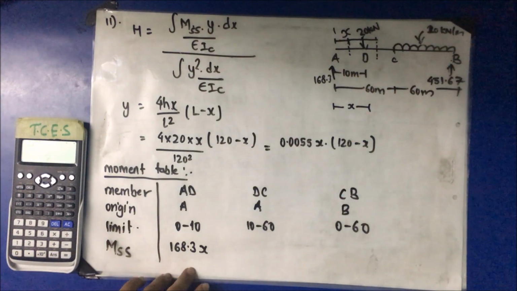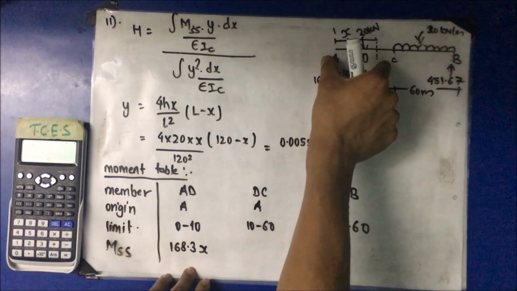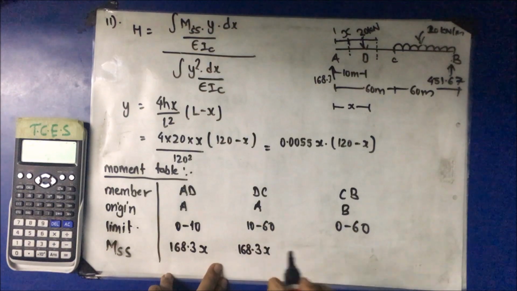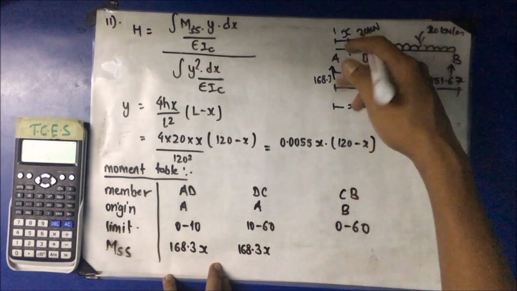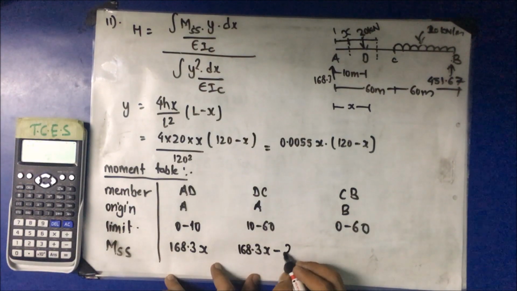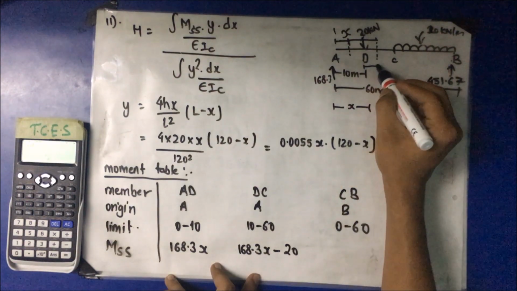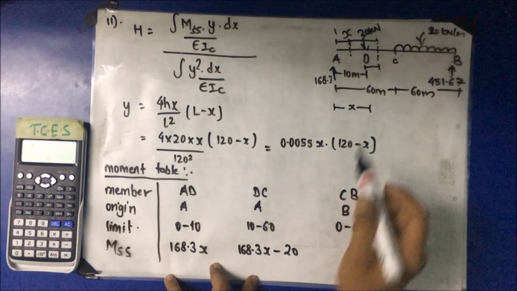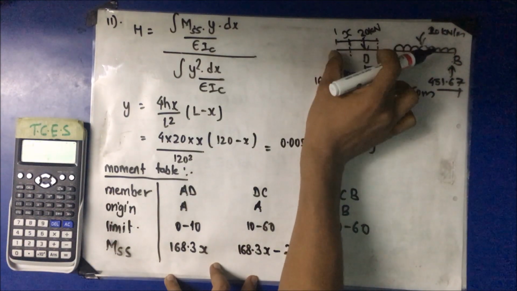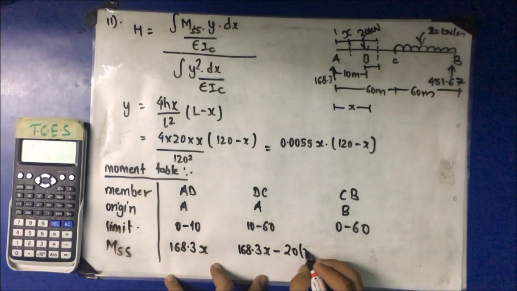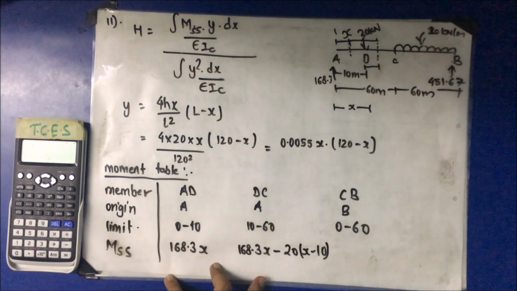So at a section x, 168.3 multiplied by x, minus 20 kilonewton anticlockwise, so minus 20, this distance being x minus 10, because this whole portion is x and from A to D it is 10. So 20 (x minus 10).